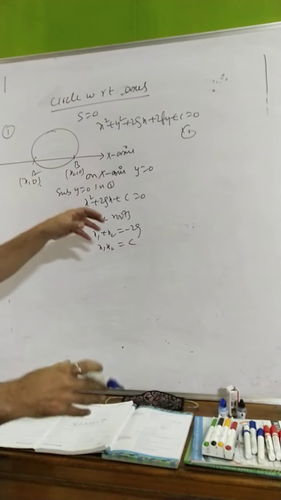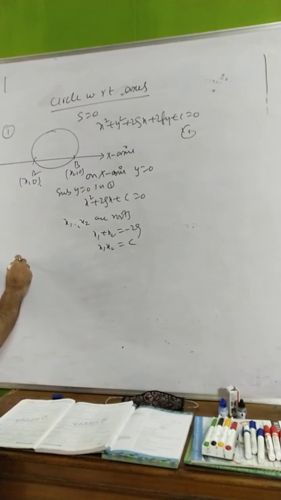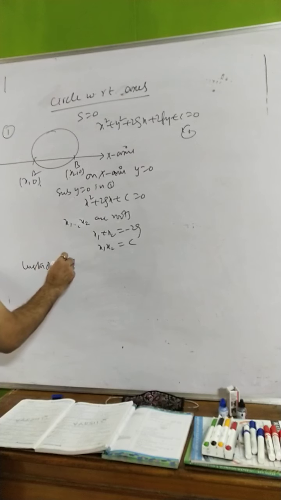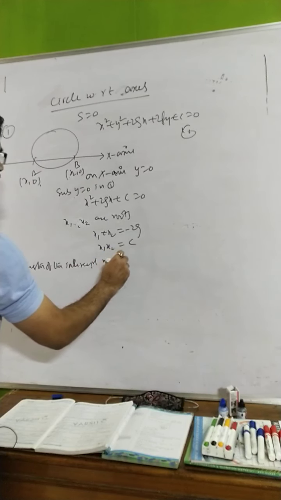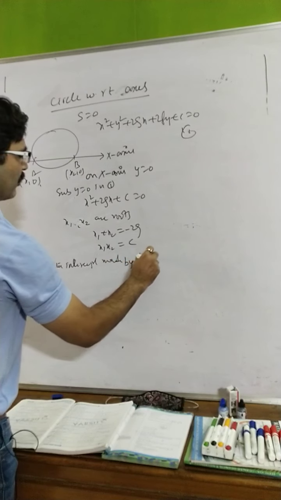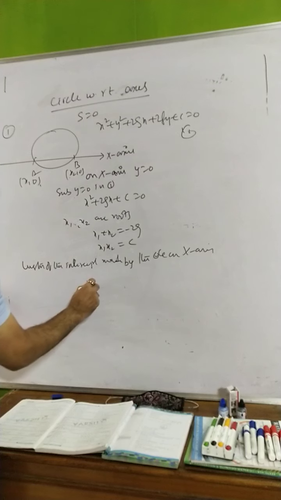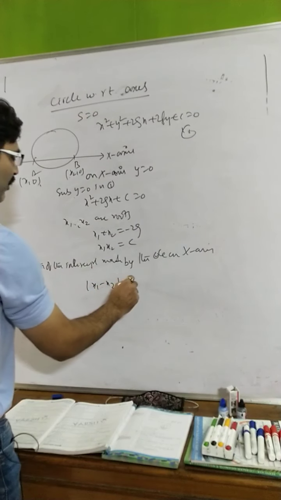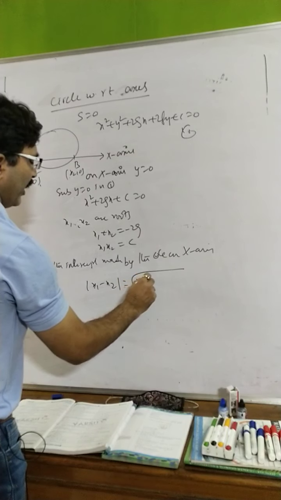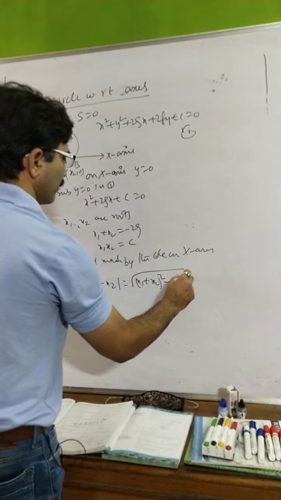But if you want to find the length of the intercept made by the circle on the x-axis, it is mod of x1 minus x2, or x2 minus x1, whatever it may be, mod is there, we need not worry. What you will get here is root of (x1 plus x2) whole square minus 4 x1 x2.